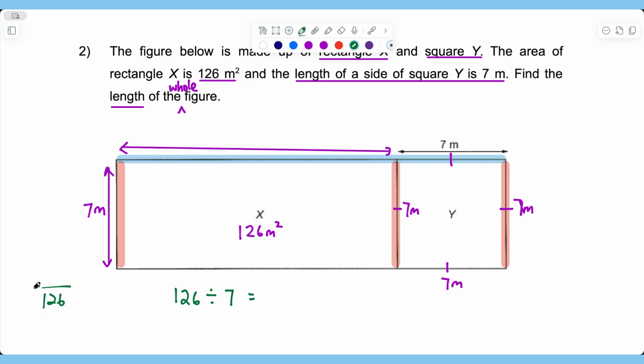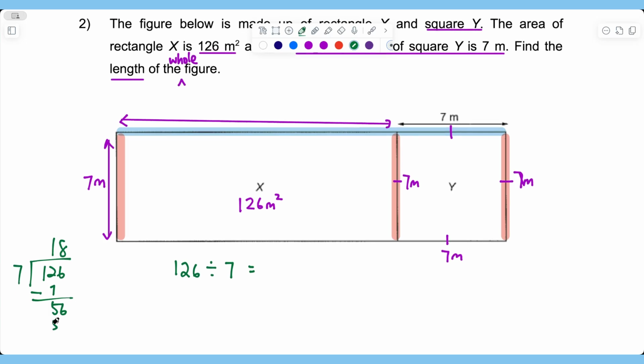So 126 divided by 7 will be 18 meters. So the length here of rectangle X is 18 meters.